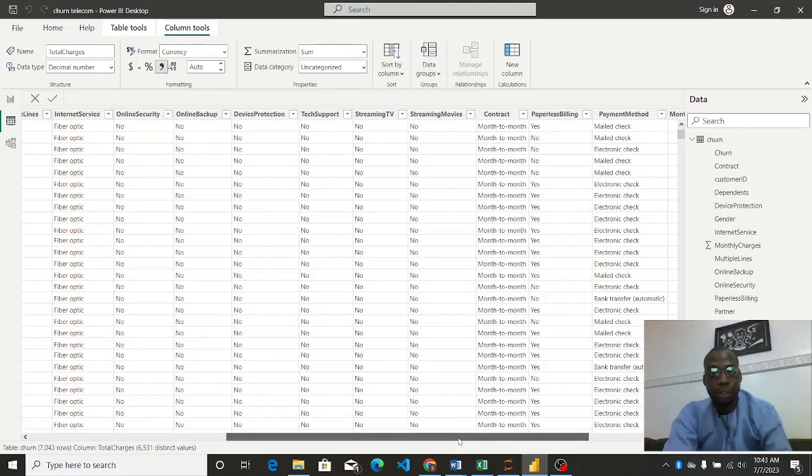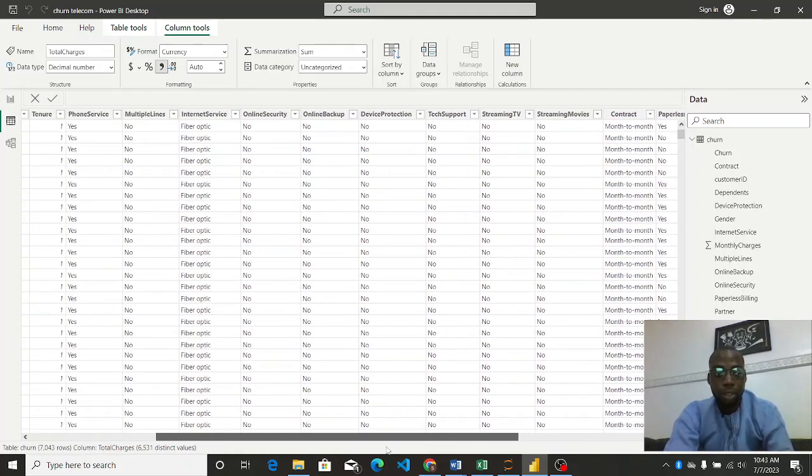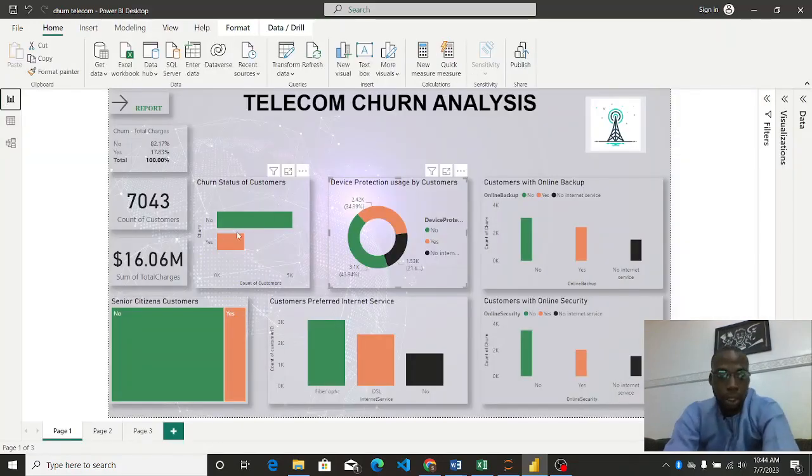But I'm only focused, and I only need the primary metric. So that's why I just extracted the essential ones, like internet service, online security, online backup, device protection. Those are primary metrics that will talk about why our customers churned us.